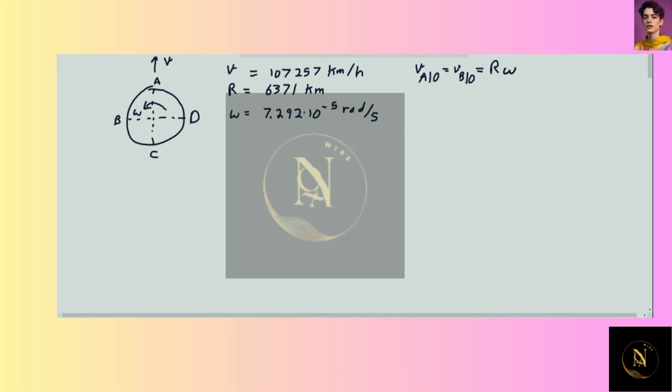If we multiply these together and convert into kilometers per hour, and the reason we want kilometers per hour is because that's what our original velocity was in, so this just makes life a little bit simpler for us, we end up with about 1,672 kilometers per hour. And again, this is also the same as V of C given O and V of D with respect to the origin. Now these are just the magnitudes.